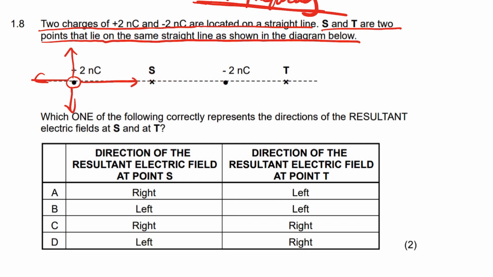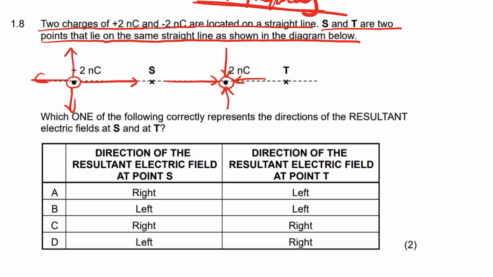And then let's look at what this charge is doing there. We know this one is negatively charged, and for a negative charge the field lines are going towards it. So looking at these two, the field lines of this one will push S to the right, and the field line of this charge will pull the point S to the right as well.